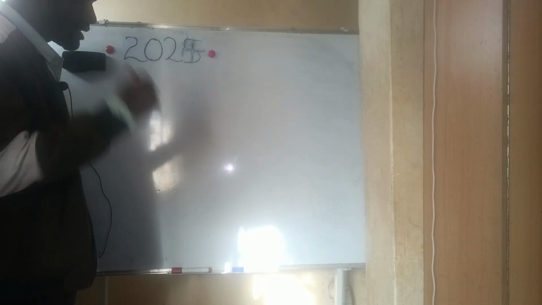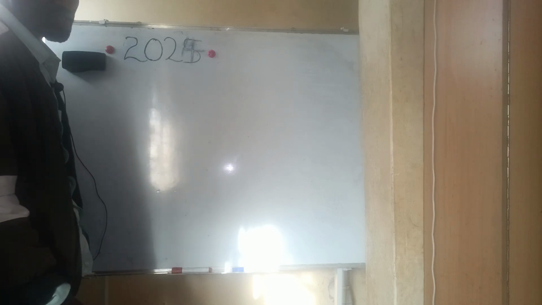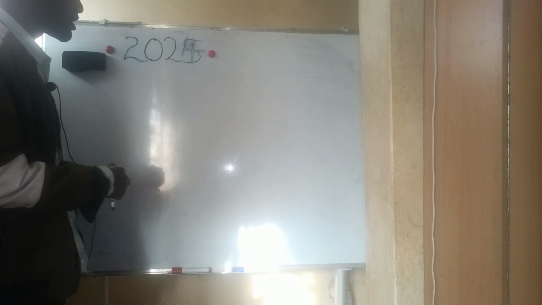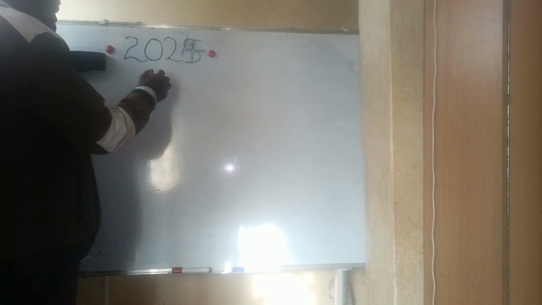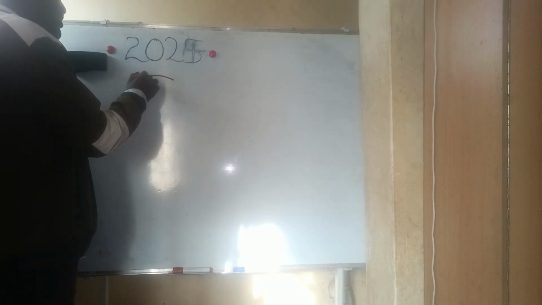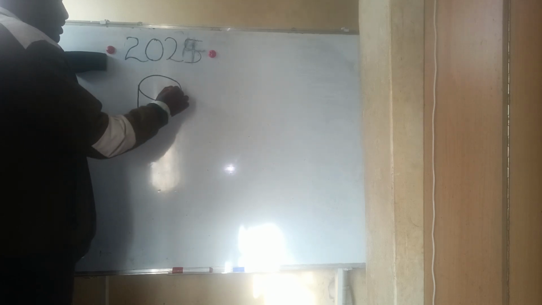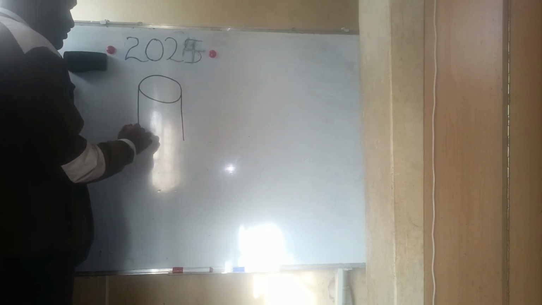I have a question from a particular mathematics question paper that was brought to candidates in the year 2024, that is last year, as far as Cambridge IGCSE is concerned. The examiner had two figures, and the first figure was a cylinder.